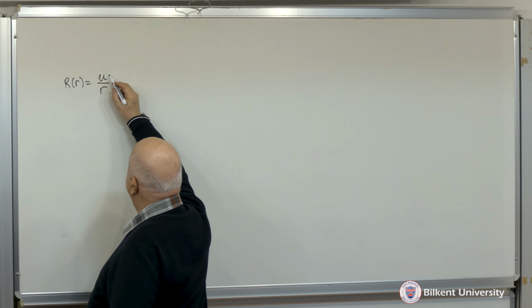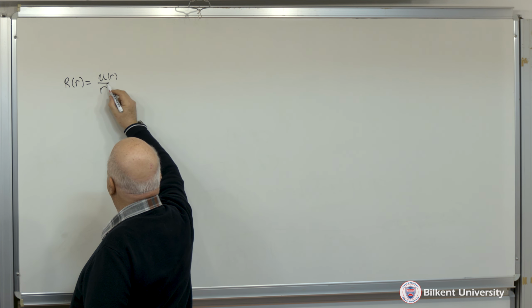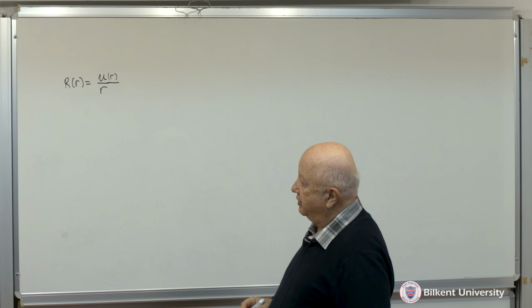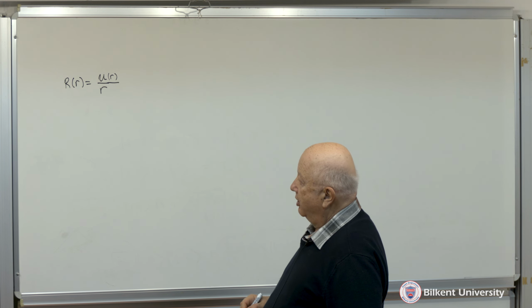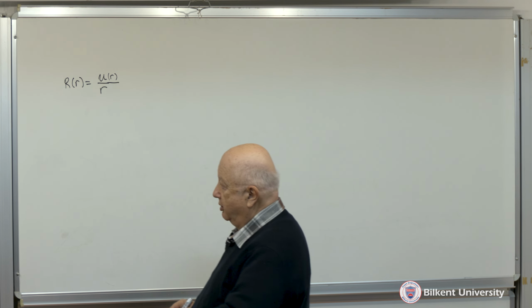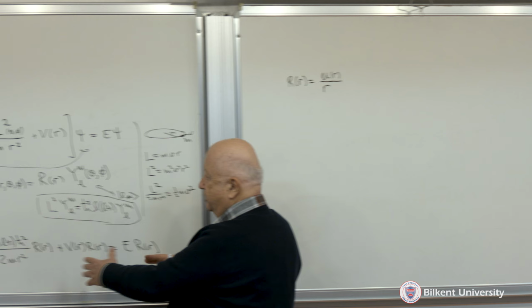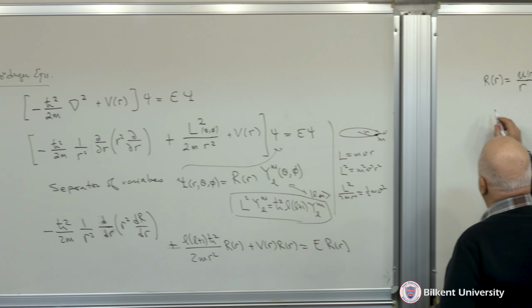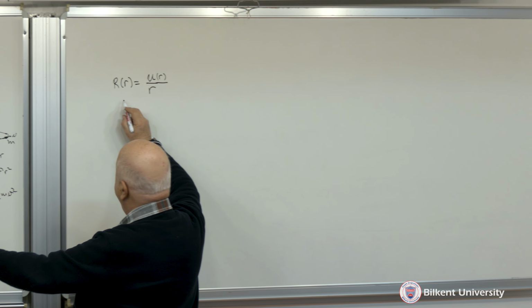So this is going to be some other function. Just make that substitution into that equation. So obviously almost nothing changes in the equation except that I have this derivative term. So let's work out that derivative term.